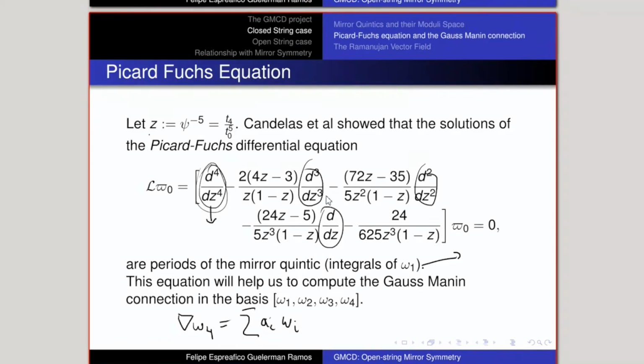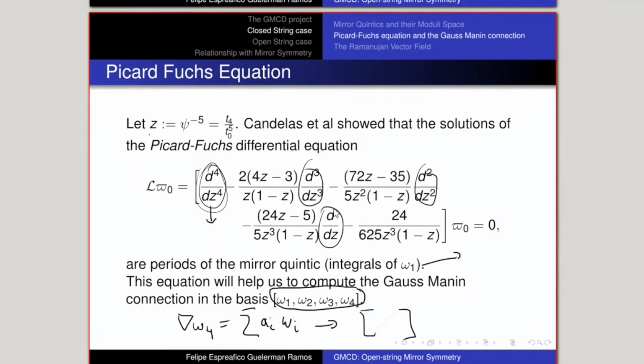Of course, here we are considering z, and we have to make a slight change of coordinates to make everything work, but this is just, again, a computation. And this will yield the matrix for the Gauss-Manin connection in this basis.